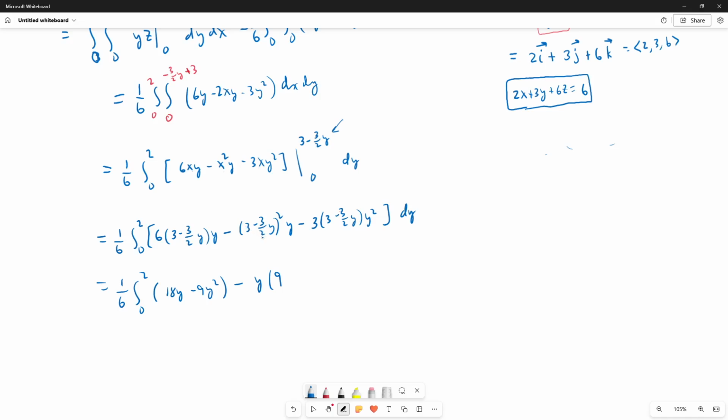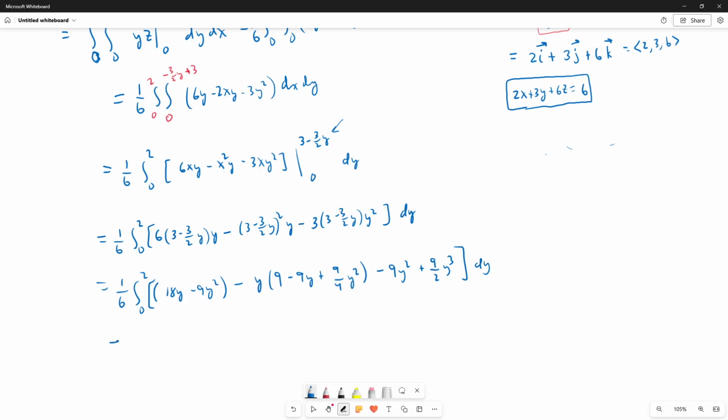The 2 here is going to cancel, and we're going to get minus 9y. And then plus, square this term, 9/4 y squared. And then distribute a 3y squared here, and we get minus 9y squared, and then plus 9/2 y cubed dy.